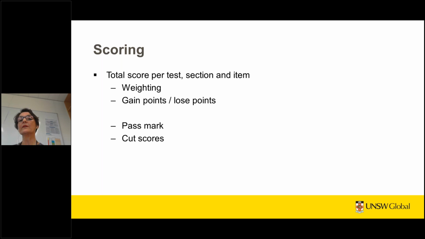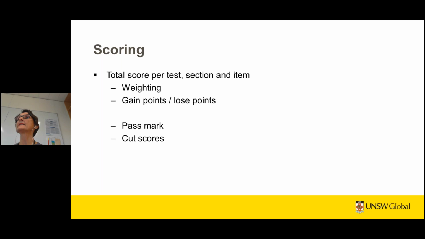Then we've got to decide on the pass mark. Sometimes you want a pass mark of 50, but your pass mark could be 60 as well, depending on what your test takers need to do with their score. And then cut scores need to be decided. This is if you've got a test and your test takers can score maybe A, B, C, D, E. So what score is the cut score for an A?